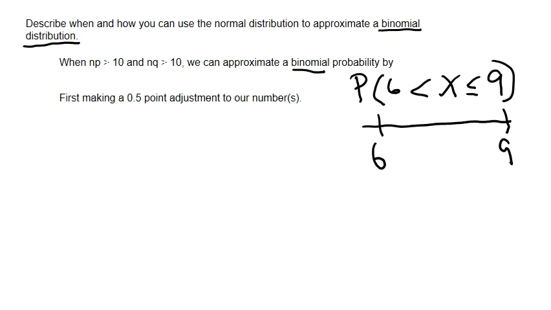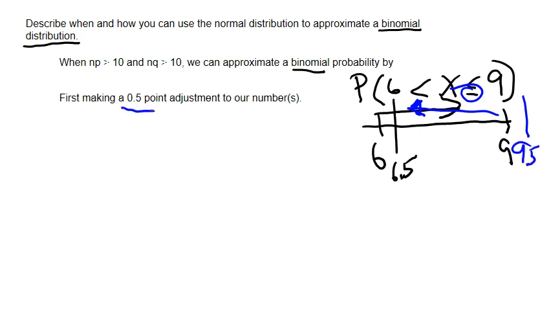From the 6, I am going in this direction. I don't want to include the 6, so I'd have to start at 6.5. For the 9, I am moving in this direction because I'm below the 9, but I want to include the 9. So if I want to include it, I'm going to have to start above the 9 at 9.5.